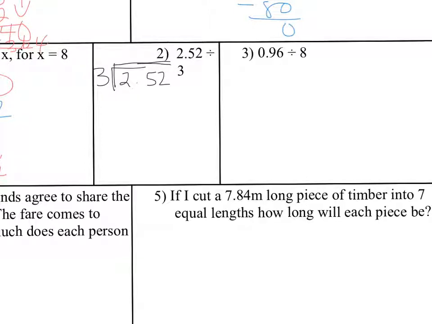And bring the decimal straight up. 3 into 25 goes 8 times. 8 times 3 is 24. 1 left over, bring down your 2. 3 into 12 goes 4 times. 4 times 3 is 12. So my answer is 84 hundredths.